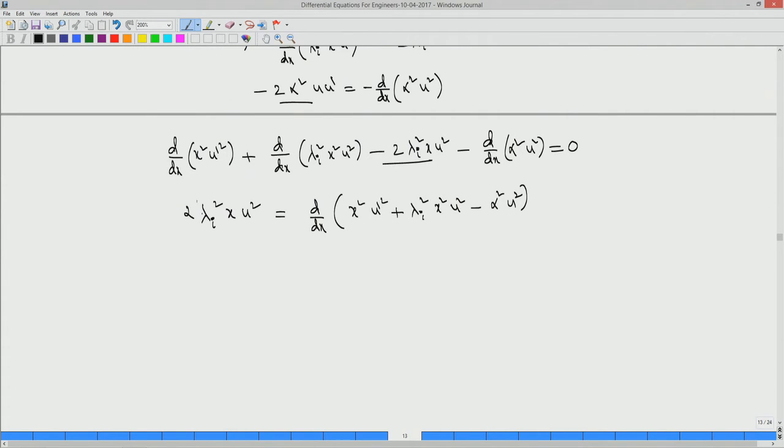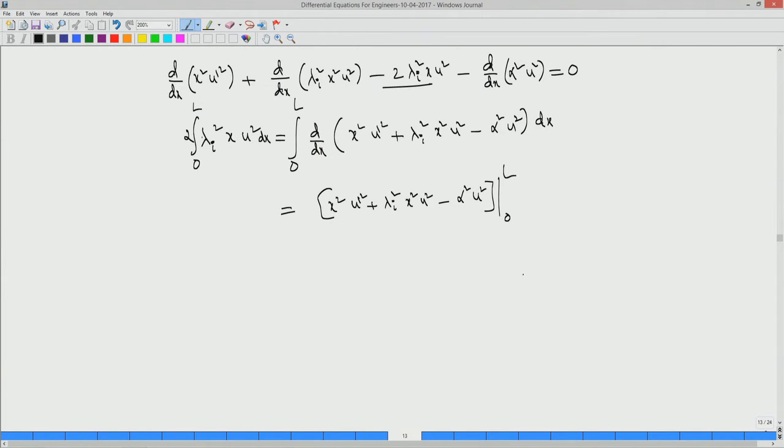Now, you integrate both sides from 0 to L dx. This is equal to x squared u' squared plus lambda_i squared x squared u squared minus alpha squared u squared, and you put the values from 0 to L.